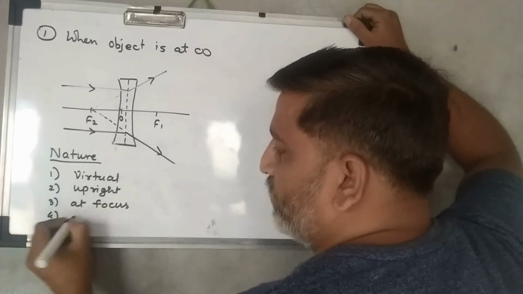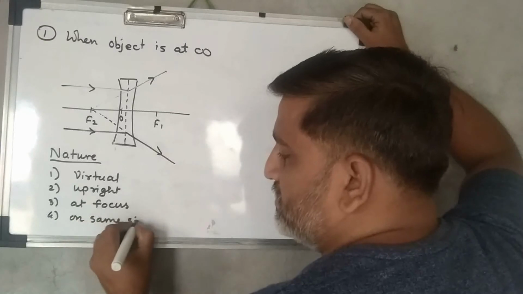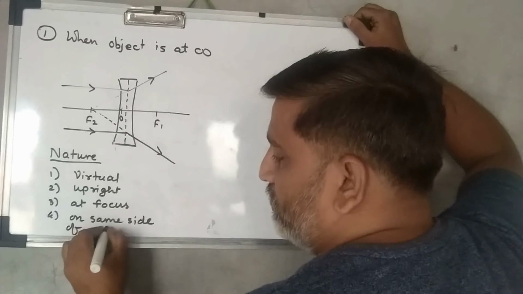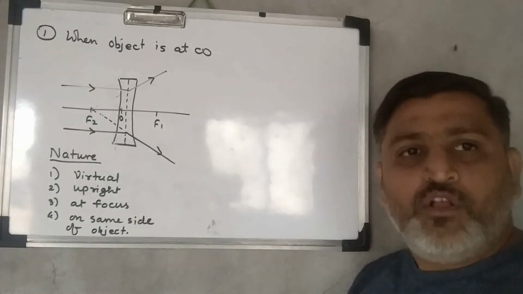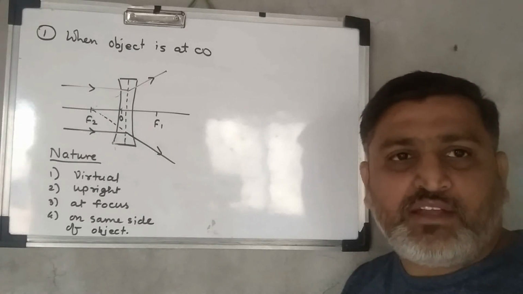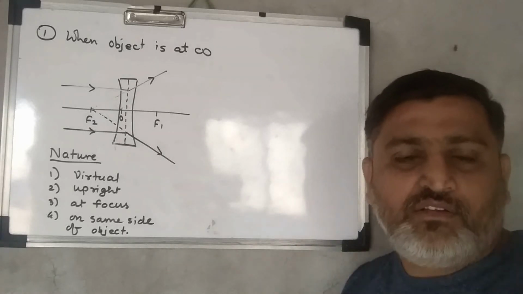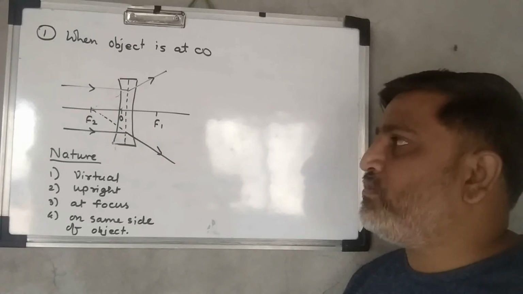Fourth one, on the same side of the object, not on the opposite side of the object. In case of the convex lens, we find that the image formed is on the other side, the opposite side of the object, right? But in this case, we find it on the same side.